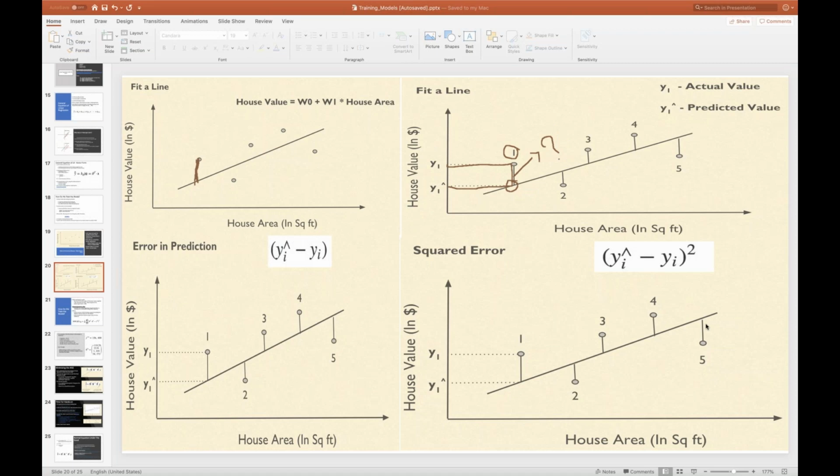Now let's talk about errors in the predictions. Errors in prediction is nothing but y1 cap minus y1. So this value minus this value is nothing but the distance covered between this. Now, if you don't have this line, will you be able to say the distance between actual and predicted?